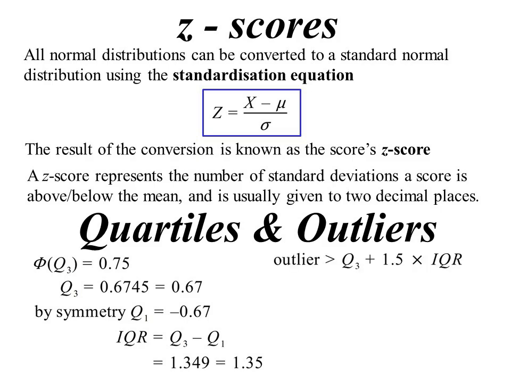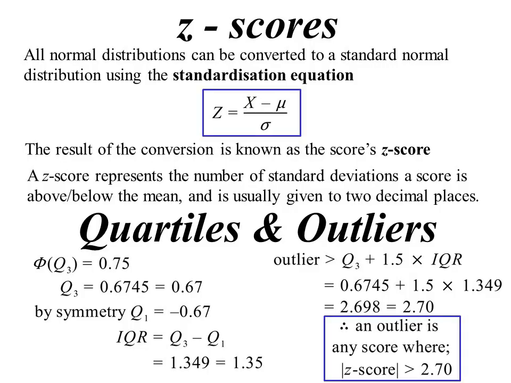Now, what we say is an outlier is 1.5 times the interquartile range above or below, going the other way from Q3 and Q1. So therefore, if I had a z-score of more than 2.7, then I would be considered an outlier of the data. So I'm more than 2.7 deviations away from the average.